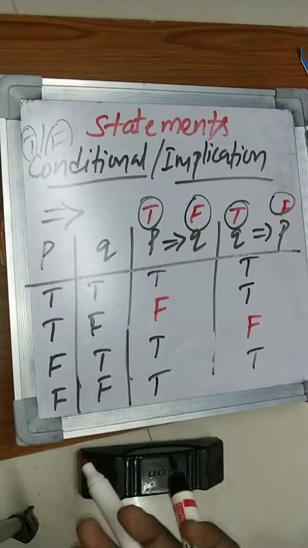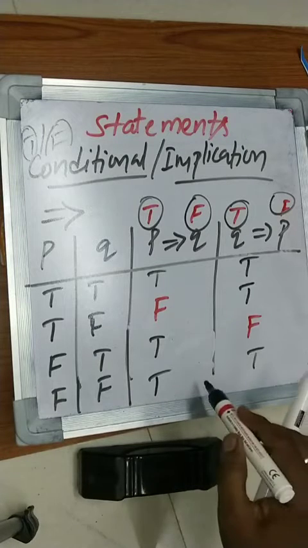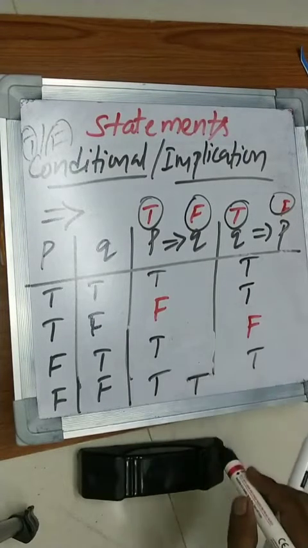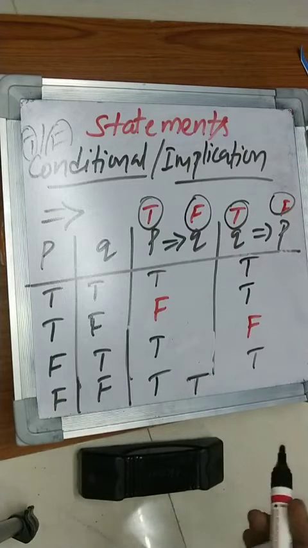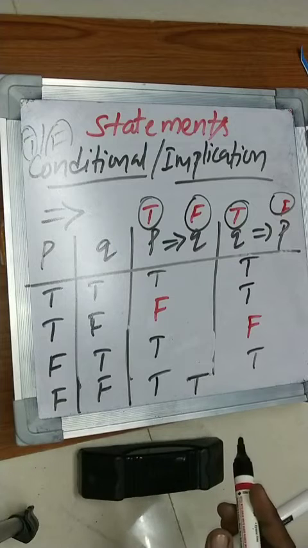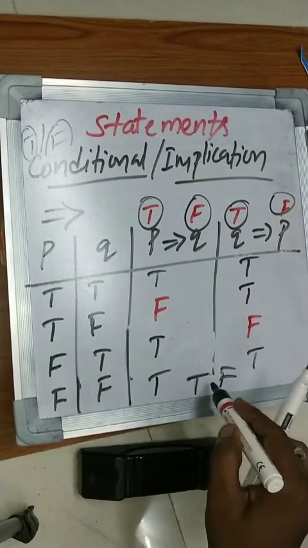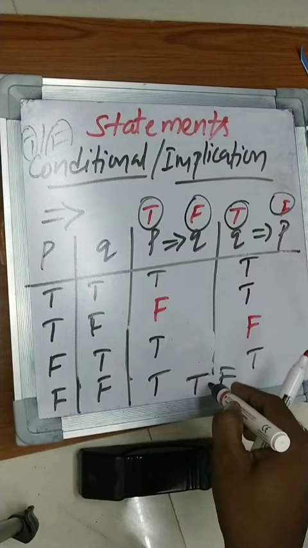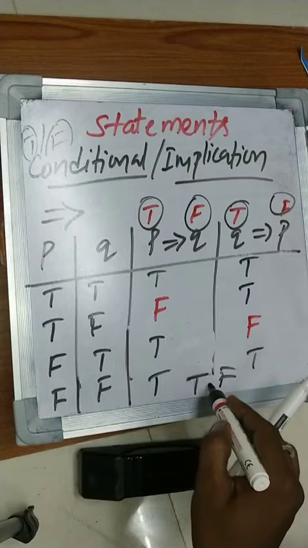Let's suppose P is 4 into 5 equal to 20 and Q is 4 plus 5 is equal to 10. 4 into 5 is equal to 20 is true. The second statement, 4 plus 5 is equal to 10, is not true, it's false. Combined with the conditional: if 4 into 5 is equal to 20, then 4 plus 5 is equal to 10.